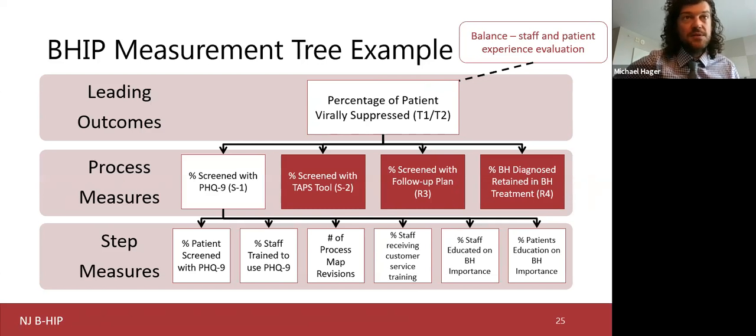So again, I want to pull us back for just a minute because I think some of you might be saying, do I really have to do all this at the same time? And the answer is no, no, no, no. We did root cause analysis and driver diagram exercises with all of you over the last several months so that we can identify what things are most important to focus on.